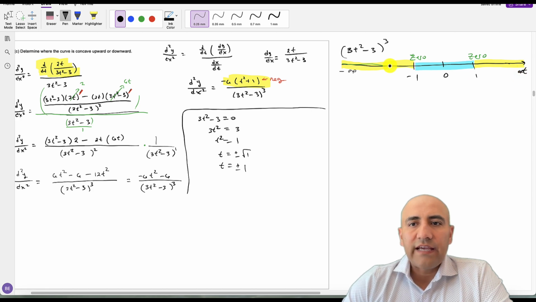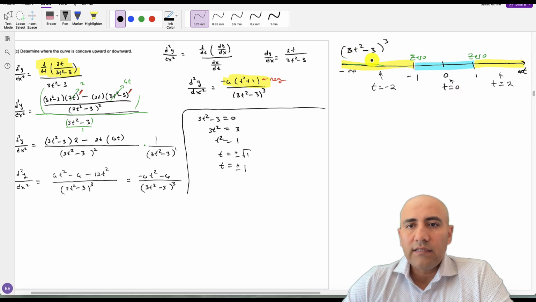So we can just think of test points in these regions to see what happens. If we pick a test point from over here, let's say t equals negative 2. Obviously 0 is the most obvious test point, t equals 0. And then over here, how about t equals positive 2 in this zone? And remember, all we really care about is the sign, not necessarily the actual numerical value. So let's see what happens.